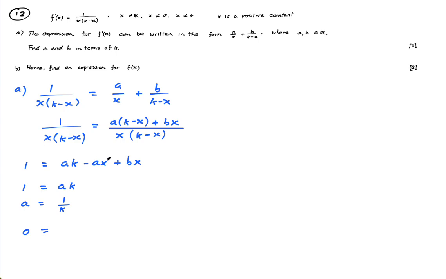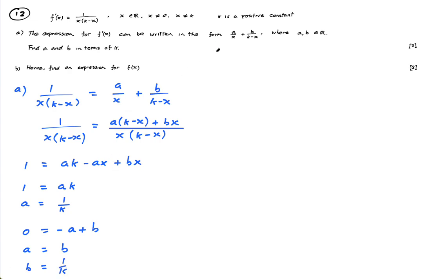And the coefficient of x on the right is minus a plus b. So b actually equals a, according to this. I'm just checking I did that correctly. I think I did. So a equals b, so b is also equal to 1 over k.